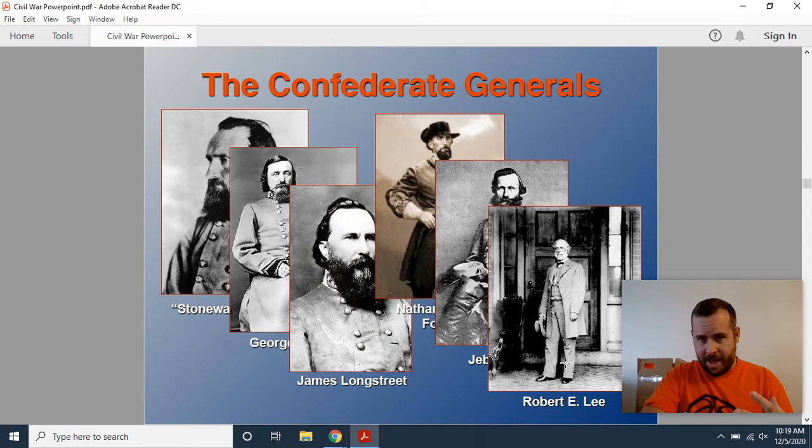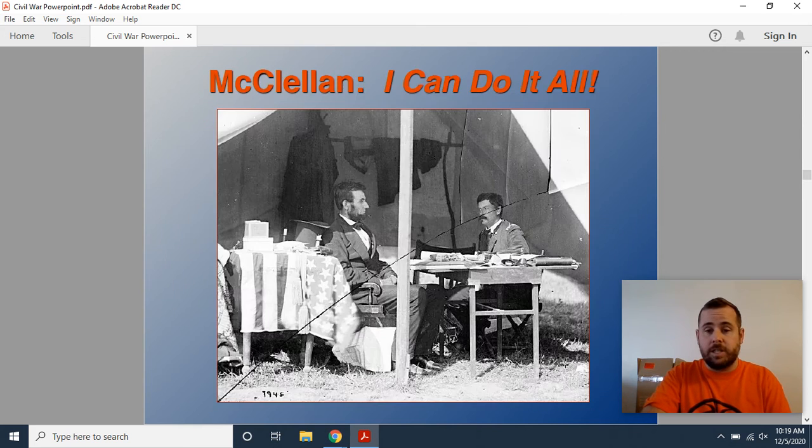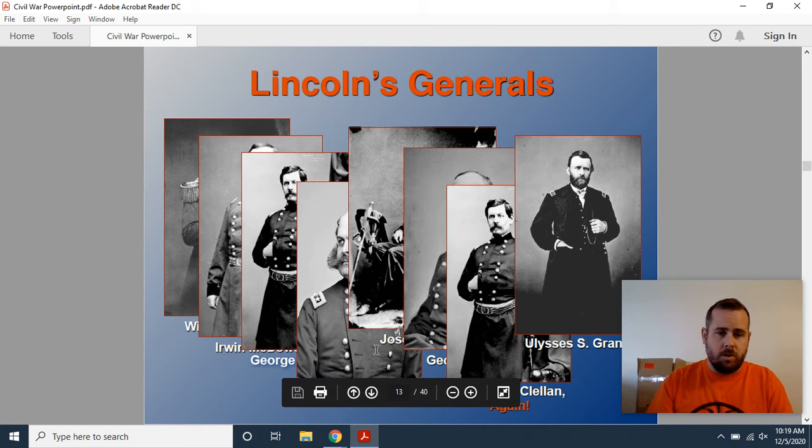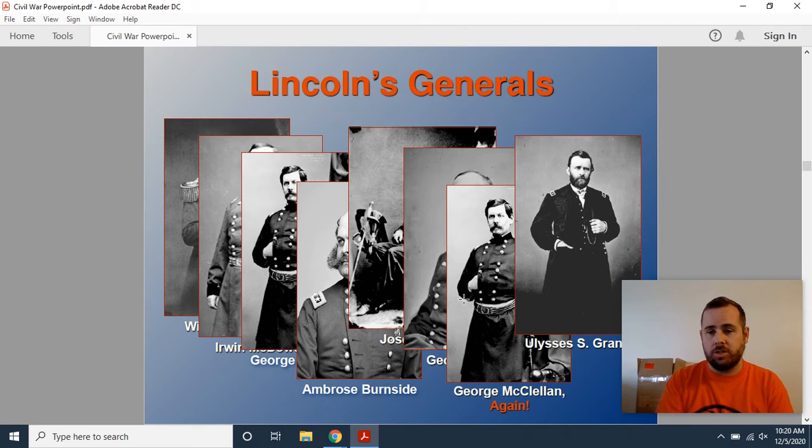So the South has the expected advantage with military leadership. Lincoln has guys. Some of these generals are okay or have pedigree. McClellan had pedigree. George Meade had a little bit of history. Ulysses S. Grant actually had probably poor history in terms of he had actually been dishonorably discharged for a period of time in the 1850s.